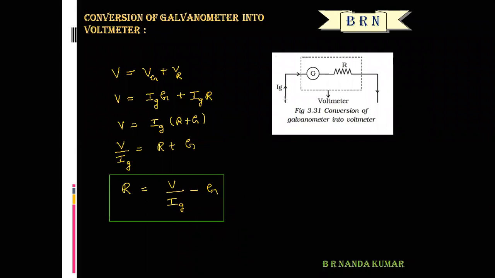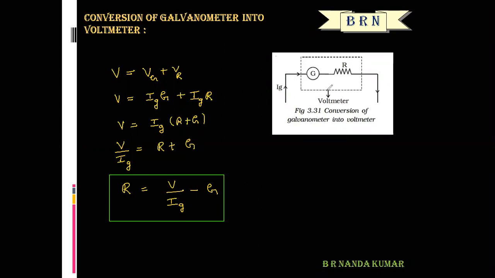Okay. So a galvanometer can be converted into a voltmeter by connecting a very high resistance in series with the galvanometer. A voltmeter is always connected in parallel across any branch of the circuit across which the potential difference is to be measured.